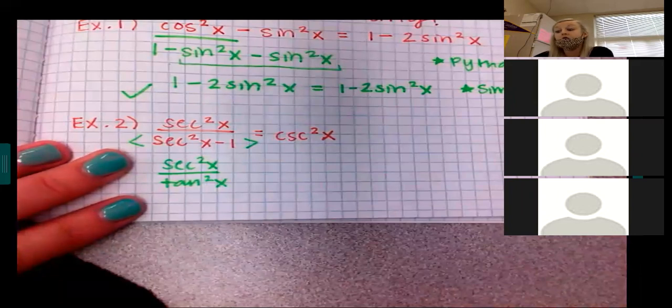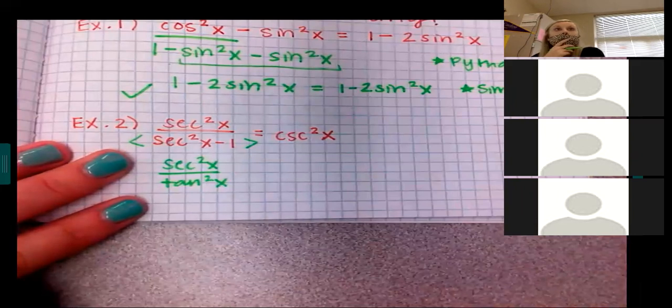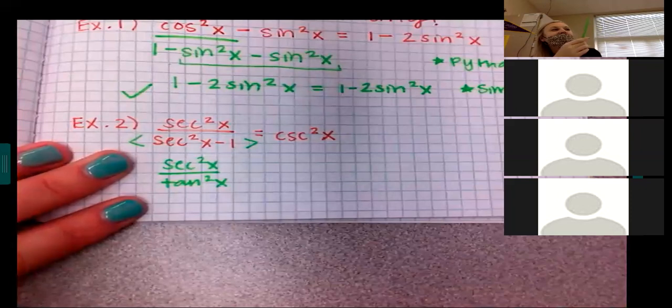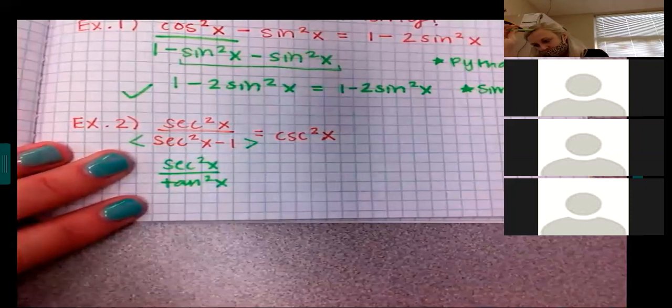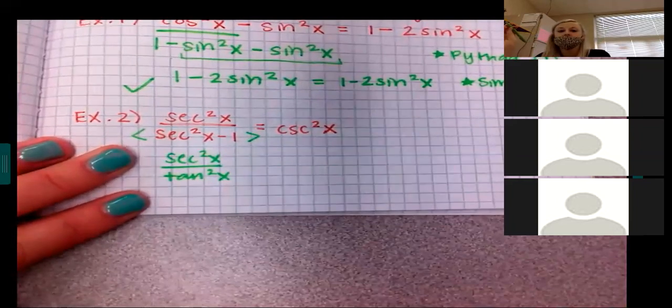Okay, I'm going to ask you why you want to do that. I'm not saying you're wrong. Why do you want to change the top to 1 over cosine? Drake said, I'm going to change the bottom. Drake, what are you going to change the bottom to? Sine over cosine.